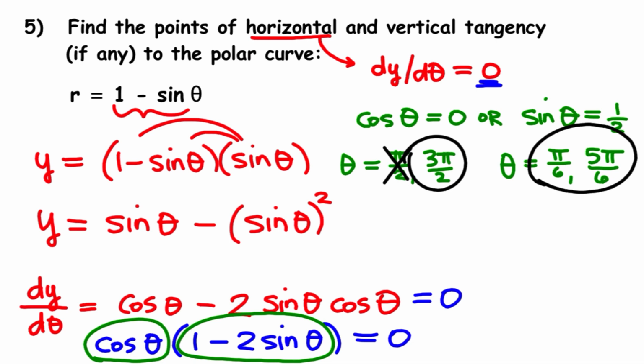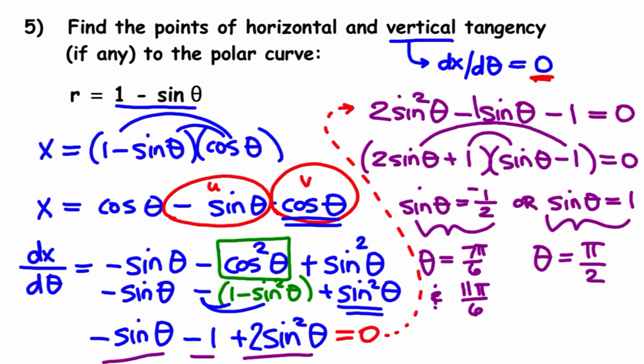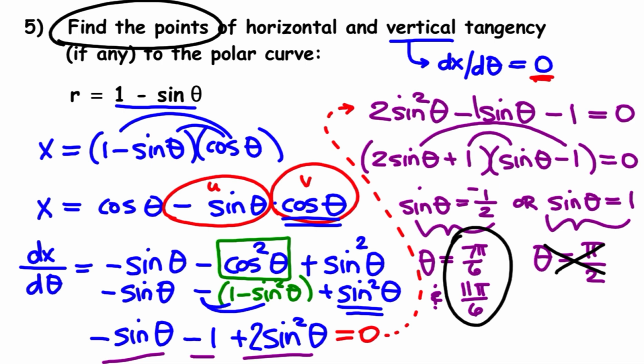These are okay. But the bad news is I just found theta angles, and the directions say find the points. So I have to put them back in and figure out what x and y are. All right, no problem. We're going to do this.